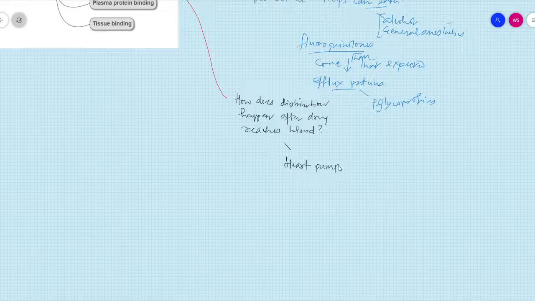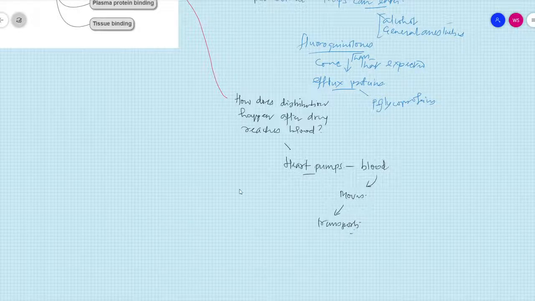The heart pumps the blood, and because of that the blood moves around and transports.